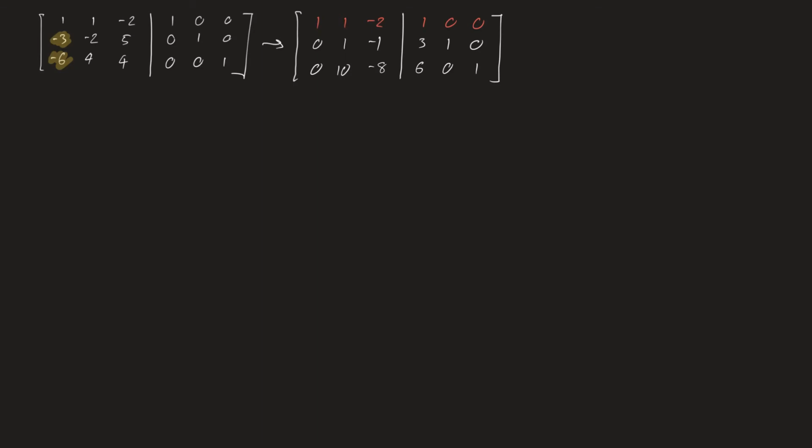So what I'm going to do now is use row 2 as my baseline. And I'm going to multiply that by a scalar and then add it to rows 1 and 3 such that I could reach my goal. So my goal now is to eliminate 1 and eliminate 10 and make those into 0 by using row 2. So let me draw things out.